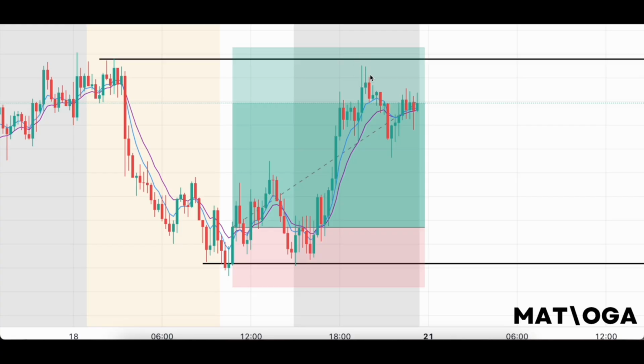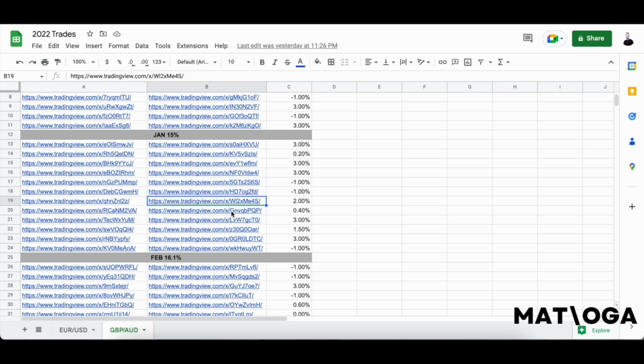So you were very close to the take profit area, but eventually it continuously moved sideways, and by the end of the US session it's basically sitting here. So it's a 2%, maybe even a bit more, 2.1, 2.2, but you have to close it manually because this is the end of the US session and you never leave your positions overnight.